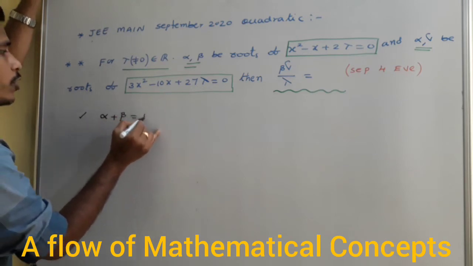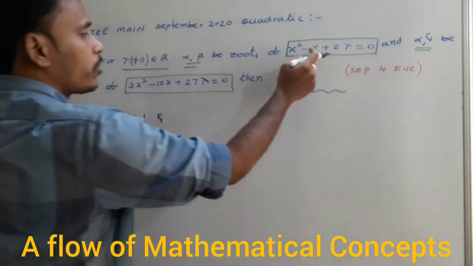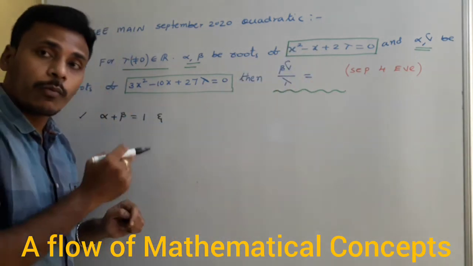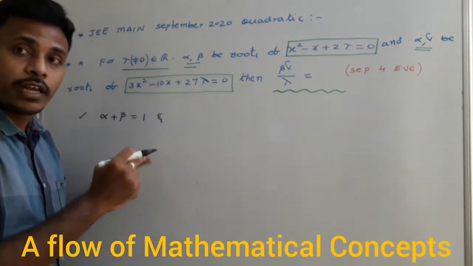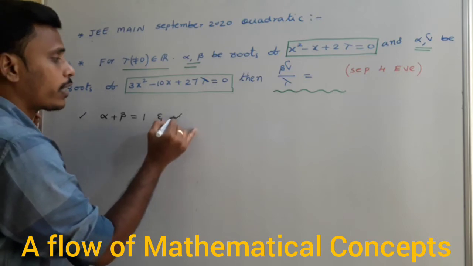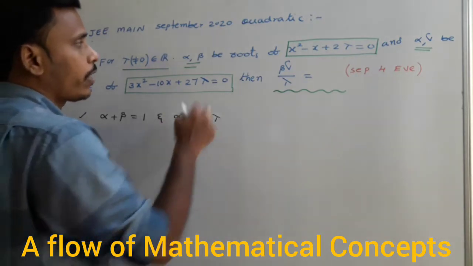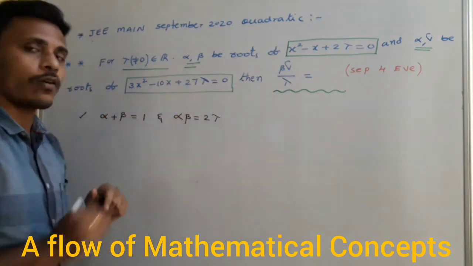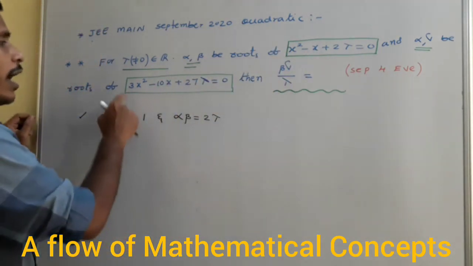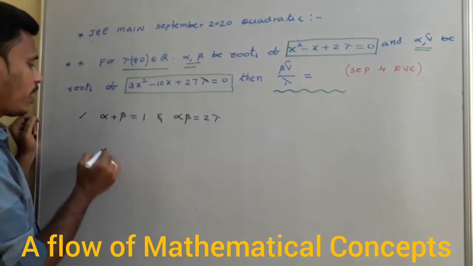So from the first equation, alpha plus beta is minus b by a, which is 1, because the coefficient of x is minus 1. The formula also has a minus, so minus of minus 1 by 1, which is 1. And the product alpha into beta is c by a, so directly it is 2 lambda. So the sum of the roots is 1 and the product of the roots is 2 lambda. Very good. And for the second equation the roots are alpha, gamma.